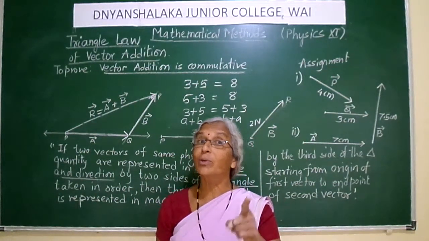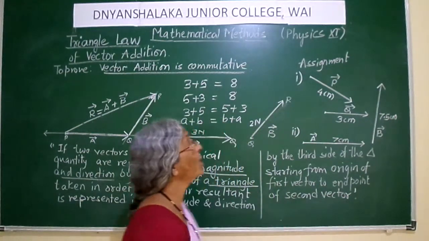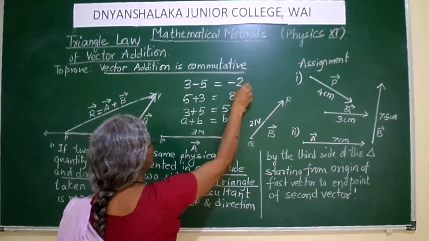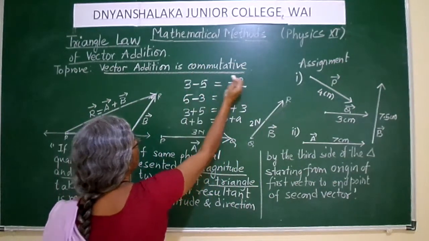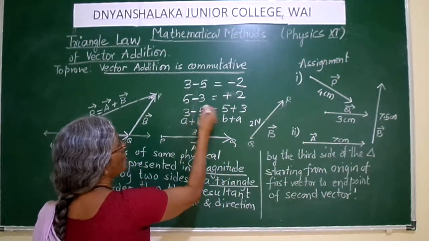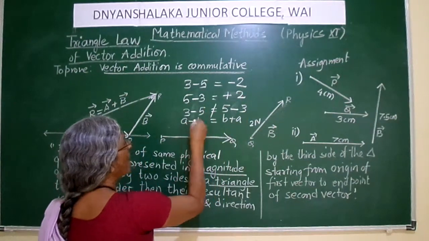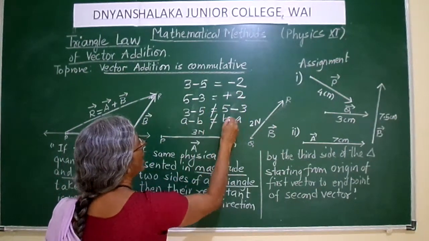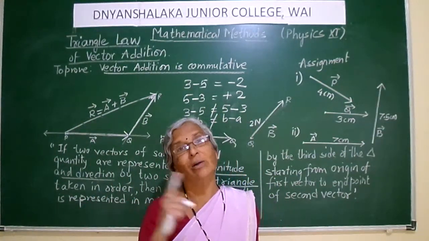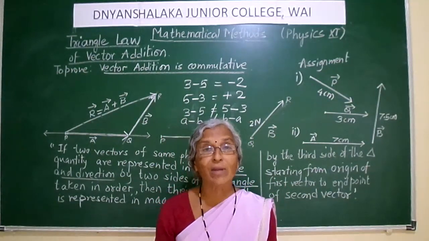What do we say? Addition is commutative. But subtraction is not commutative, because 3 minus 5 will give me minus 2, whereas 5 minus 3 will give me plus 2. So 3 minus 5 will not be equal to 5 minus 3. That means A minus B is not equal to B minus A. So subtraction is not commutative, addition is commutative. Multiplication is commutative, division is not commutative.